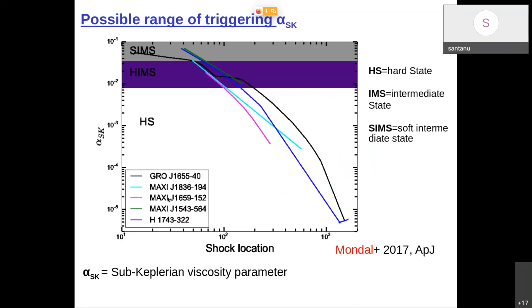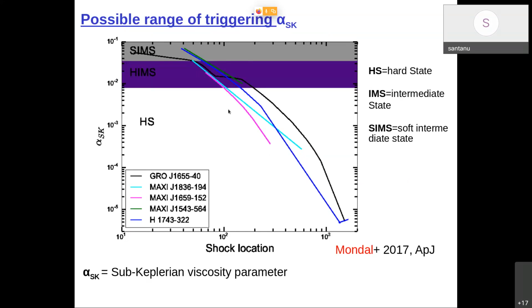For these 5 black hole candidates, from observation we compared our viscosity parameter and their spectral states, and we found that when the viscosity parameter is less than 0.008, it shows the hard state, and between 0.008 and 0.03 it shows hard intermediate states, and above that value, soft intermediate state up to 0.1.